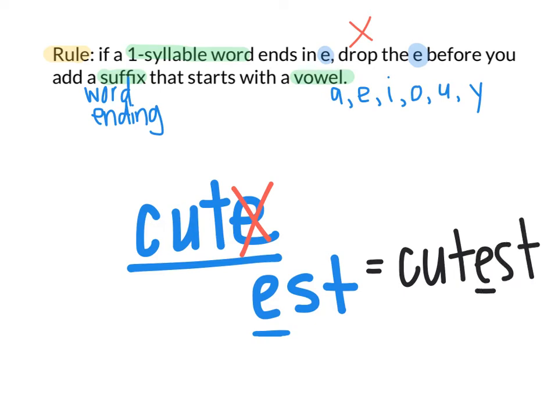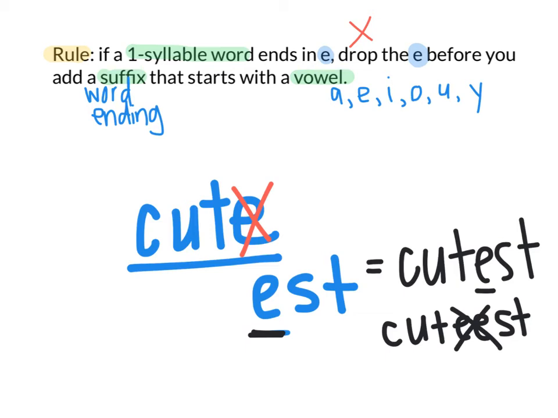It would not be correct for me to have two E's. So only one E. So when I add the E in est, I'm getting rid of the E at the end of cute.